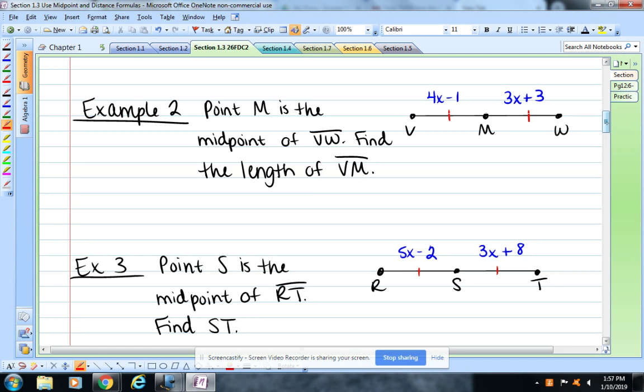And they want me to find the exact length of segment VM. So I got three segments, basically. I got the whole segment, and then I got the two smaller segments, which are half of the big segment, right? And I don't know the measure of any of them. Not exactly, because I have variables.